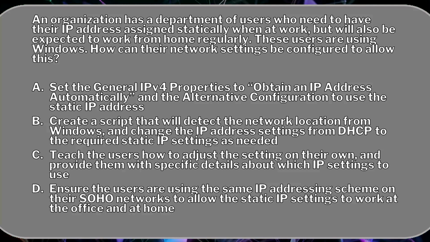Set up the general IPv4 properties to obtain an IP address automatically, and the alternate configuration to use the static IP address. Create a script that will detect the network location from Windows and change the IP address settings from DHCP to the required static IP addresses needed. That could work. Sounds like a lot of extra work, but anyway.